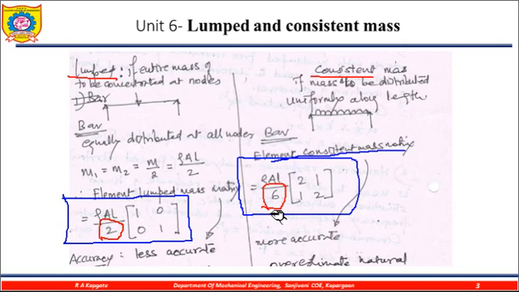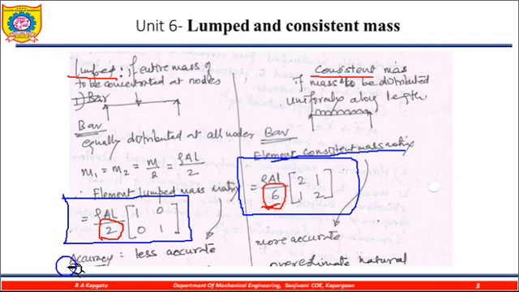Don't be confused, because generally I observe that whenever you are solving problems, you don't focus in the right way and you write 6 instead of 2, or 2 instead of 6, and because of that you carry on a lot of mistakes. I hope you understand this.